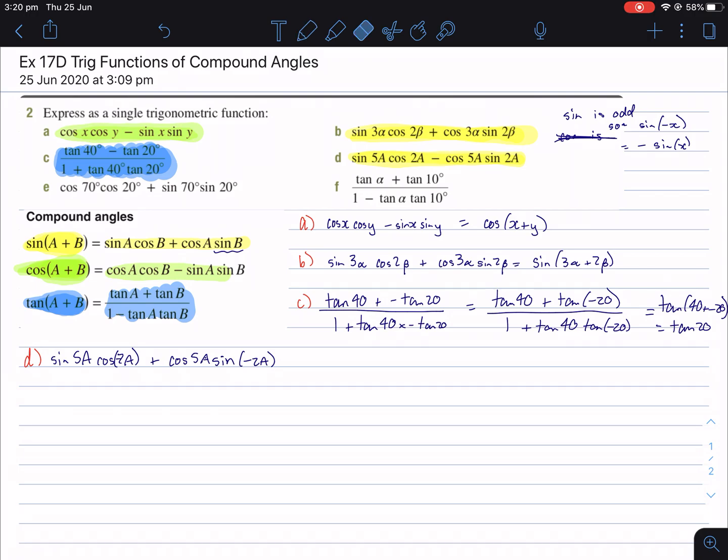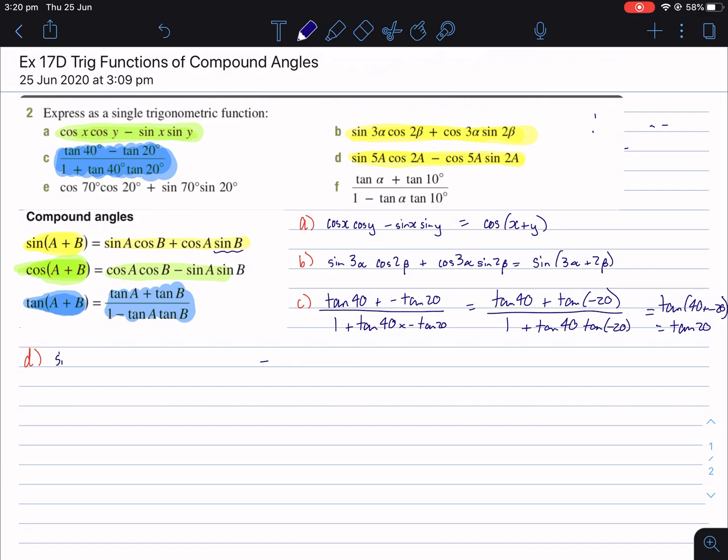No, ignore me. I'm completely barking up the wrong tree. I may even be looking at the wrong question. Sorry, we've got a negative in our question, we've got a negative in the formula. No, we don't. Oh my gosh, I'm so tired. Yeah, that's definitely minus 2a.